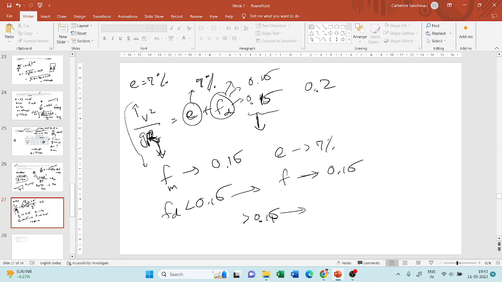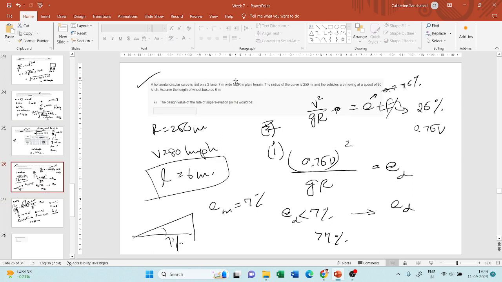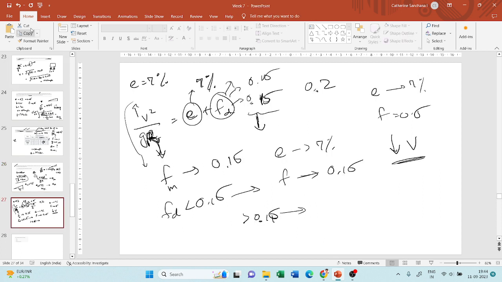I can simply ask the vehicles to reduce their speed, and I have to convey it to the drivers using proper traffic signs, okay. So the elements of the road will be E equals 7%, F equals 0.15, and with speed reduced. Okay, so this is the design. Now, the question that has been asked is about design.